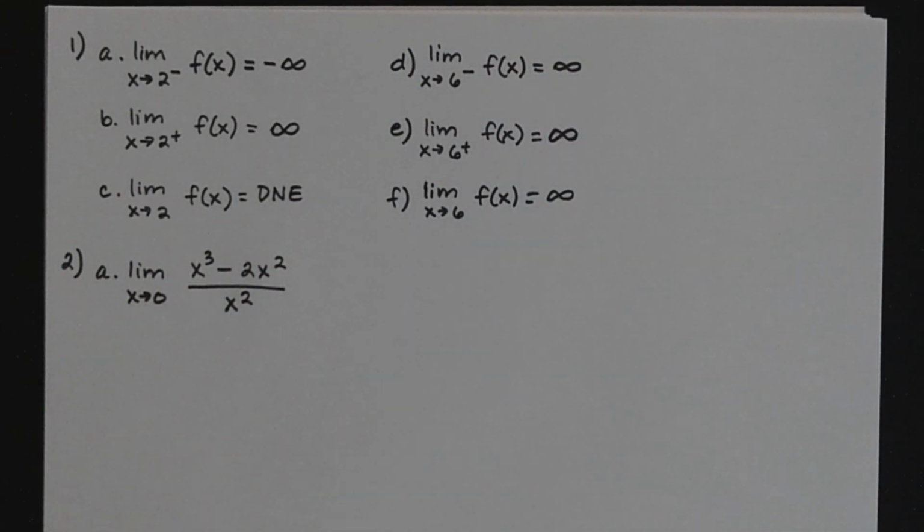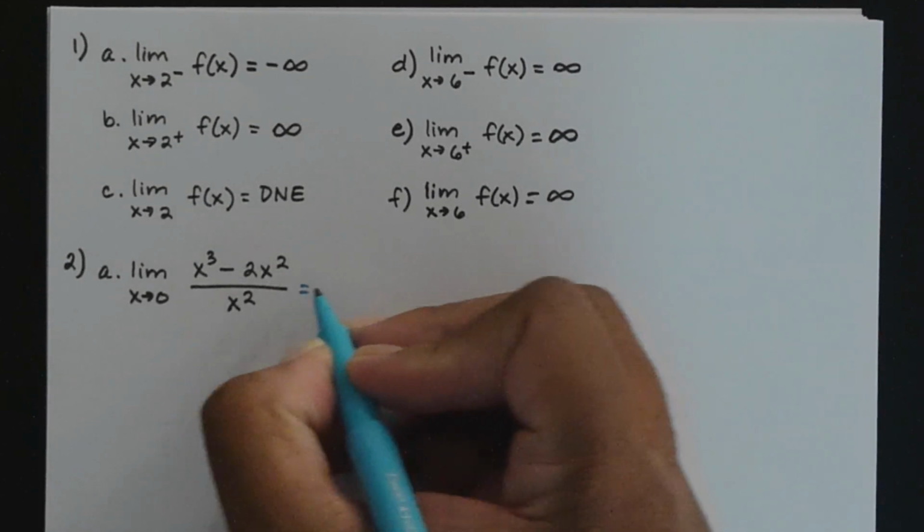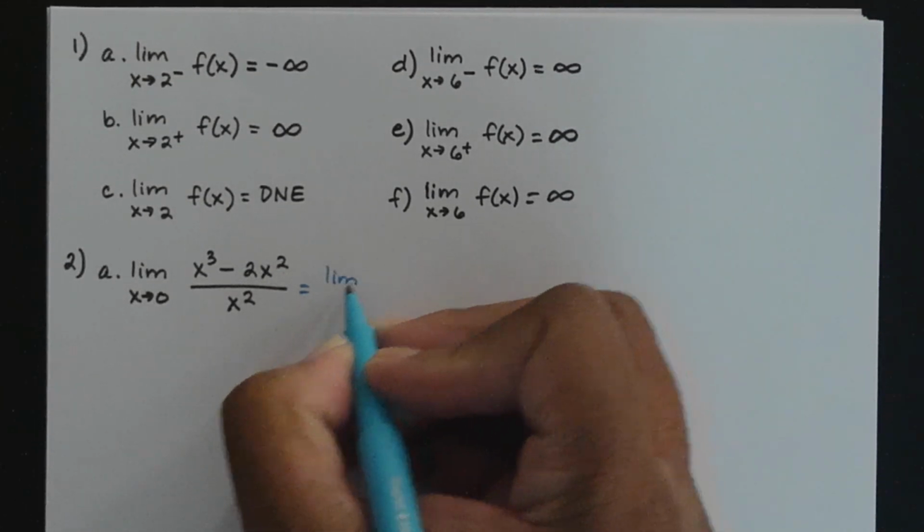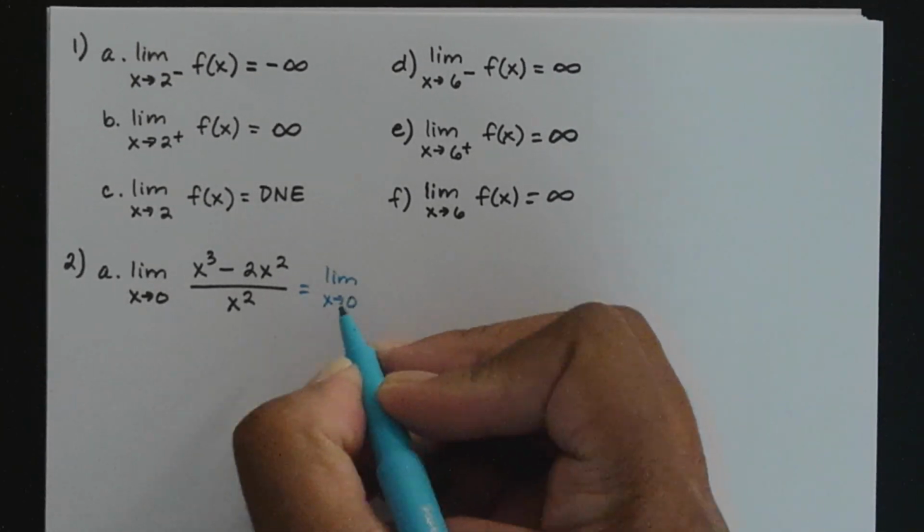And in that problem, you're given a hint to simplify the expression inside the limit. So that means here, I'm going to bring over the limit notation, the limit as x approaches 0.